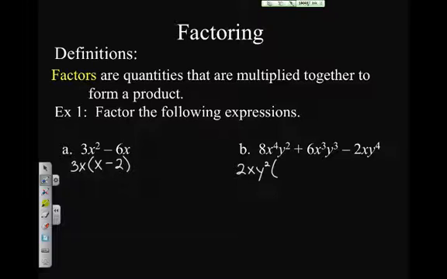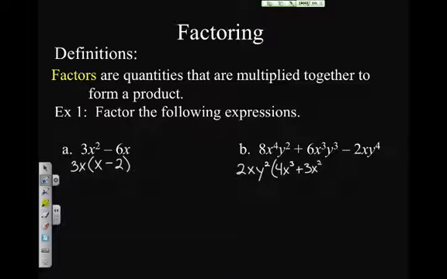So again, now we're dividing out. 8 divided by 2 is 4. X to the 4th divided by x is x cubed. And y squared divided by y squared is just 1, so that's our first term. Plus, 6 divided by 2 is 3. X cubed divided by x is x squared.